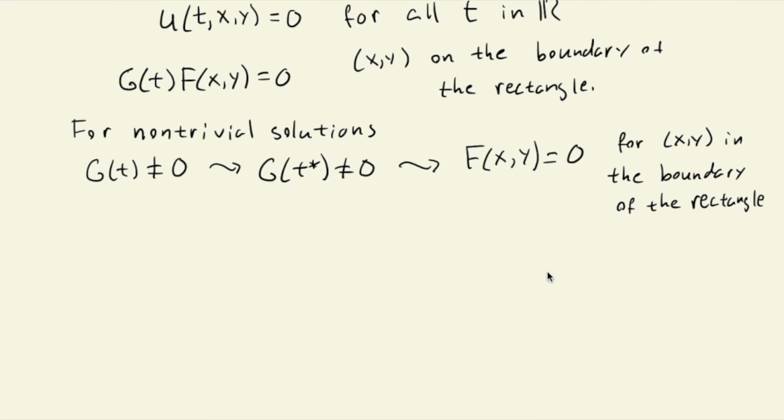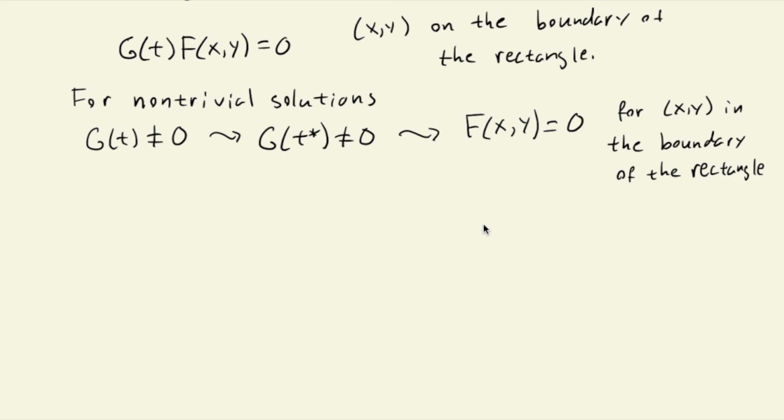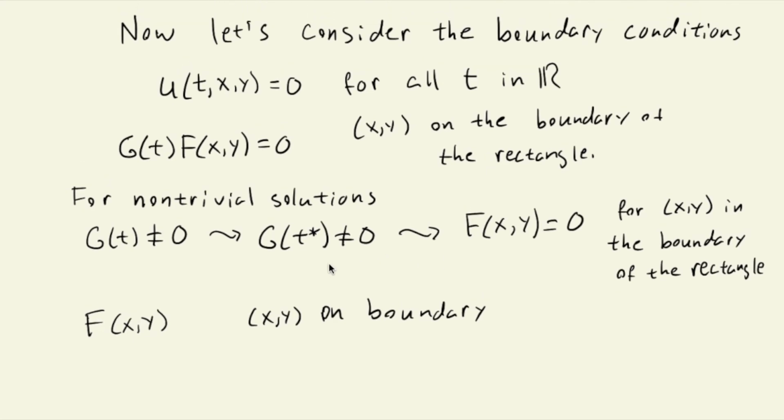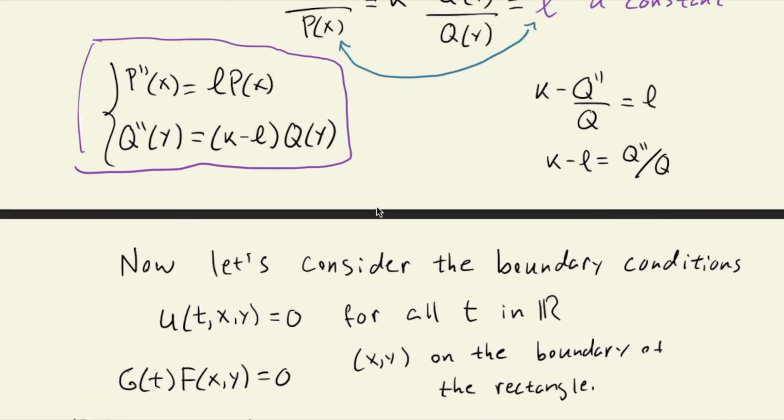Okay, so very similar to before, but now the boundary has these four components. Now that we have f of x, y equal to 0 along the boundary, we want to understand, remember we're trying to solve for f now, which means that we need to find the p and q.